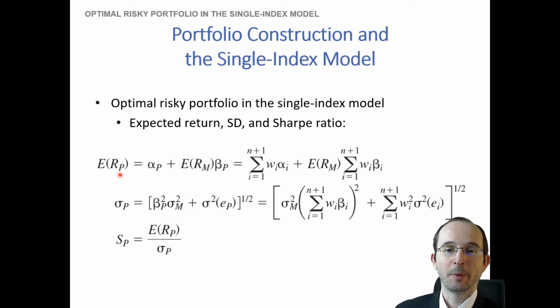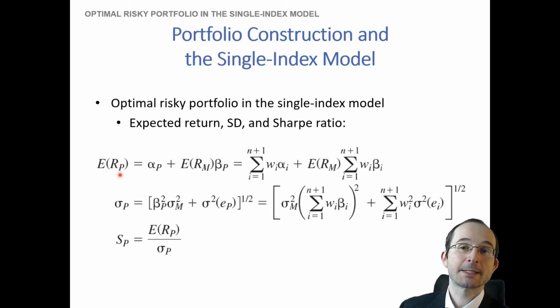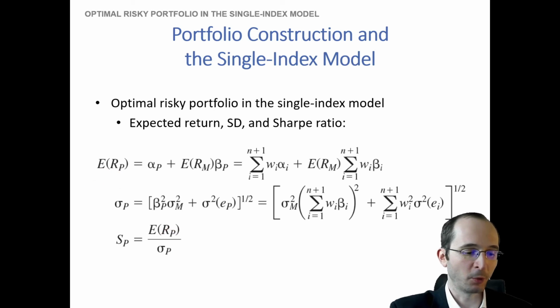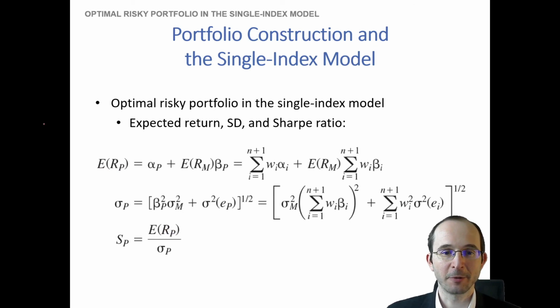And remember, since the regression was run on excess returns, this actually is the expected excess return, so this is already net of the risk-free rate. This is the expected return to the portfolio minus the risk-free rate.